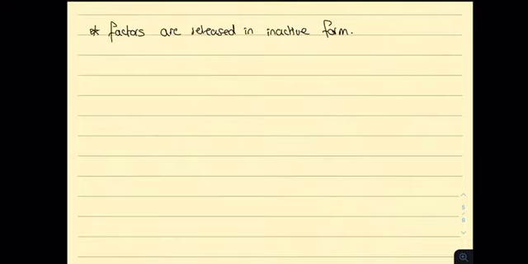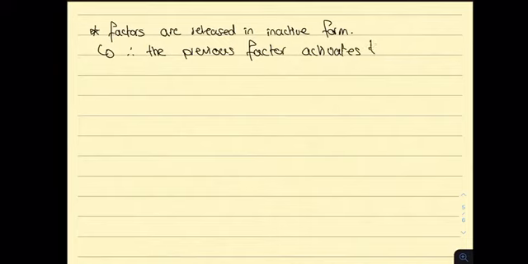Just to quickly go over what we mean by the factors being released in their inactive form, and to describe how they are activated. We mentioned how the intrinsic and extrinsic pathways are activated. Now, these activated factors, for example 12 and 7 at the beginning of each pathway, activate the subsequent factor.